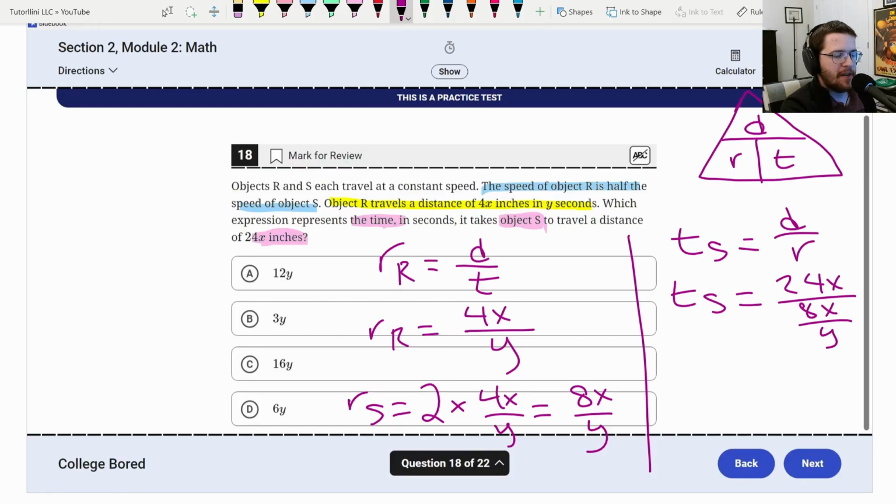So when you divide fractions, it might be easier to just do it left to right. So 24x, and then instead of dividing by 8x over y, you can multiply by the reciprocal, y over 8x. And I see the x's go away, and 24 divided by 8 is 3. So for t of s, I get 3y.